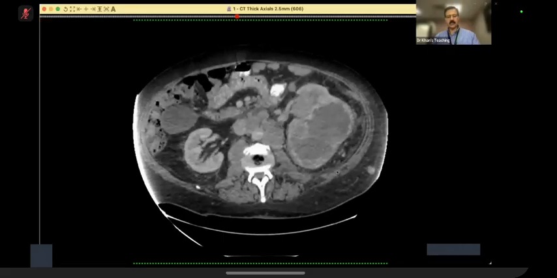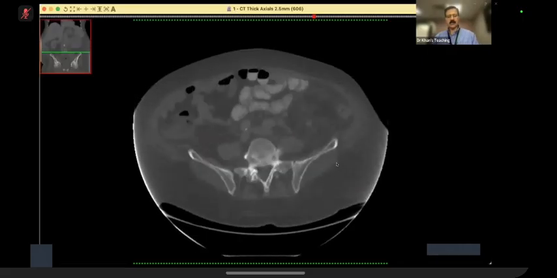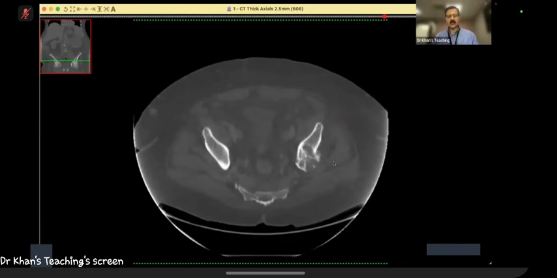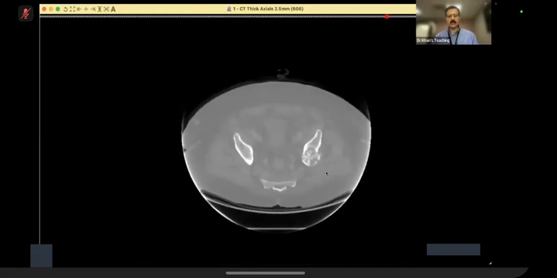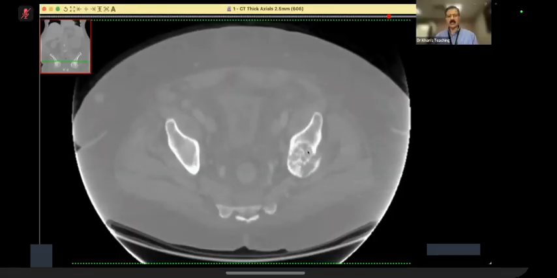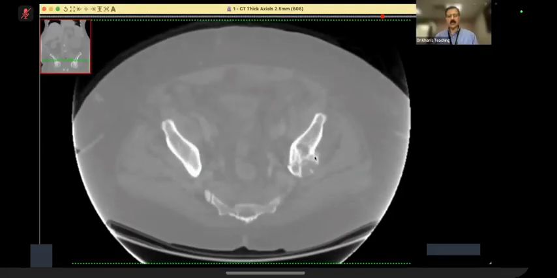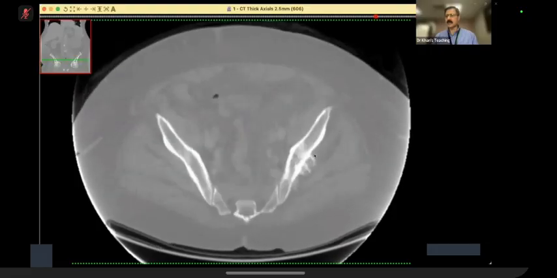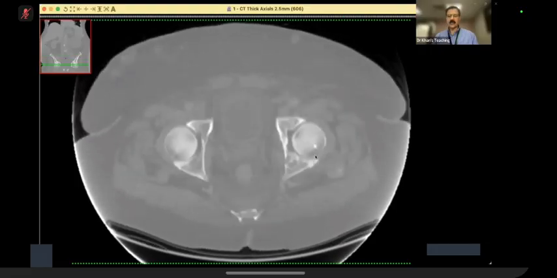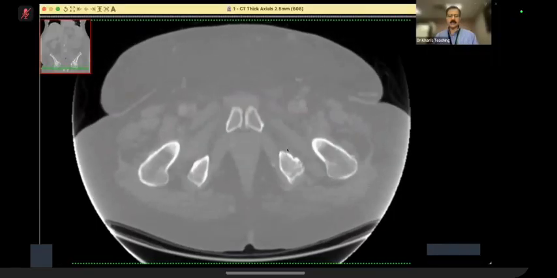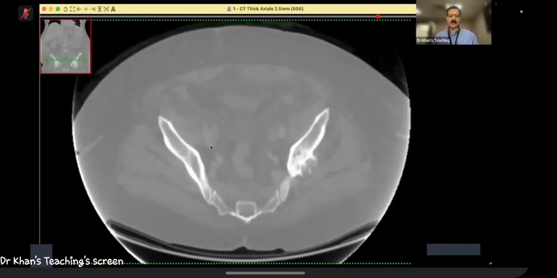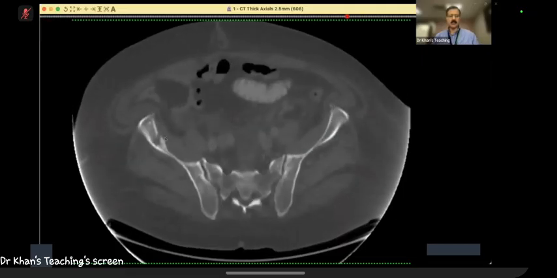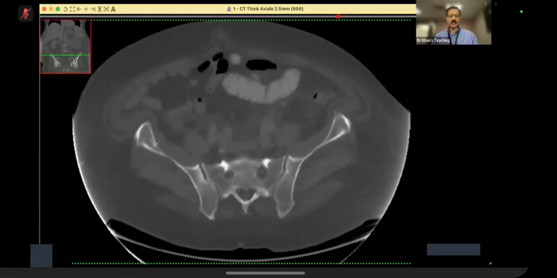As far as bone is concerned, this is a classical soap bubble lesion. But having said that, we can see further metastasis. For example, another soap bubble is here.